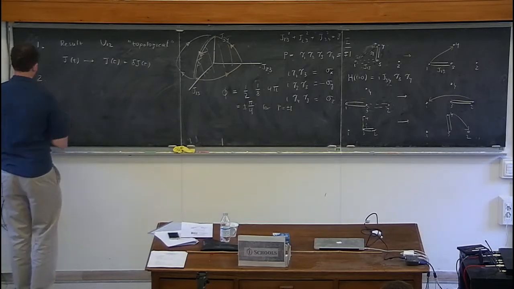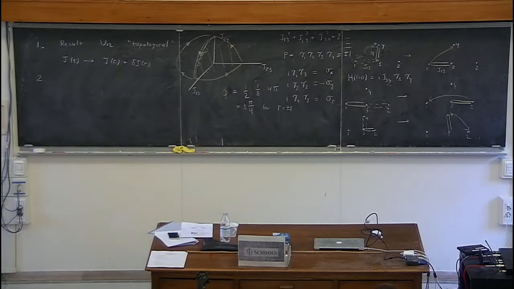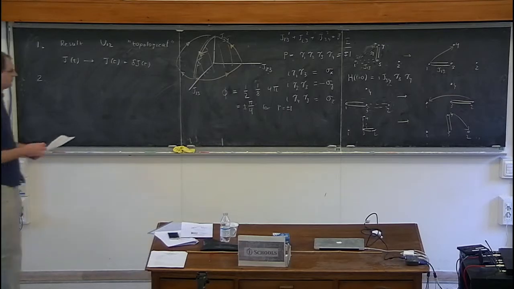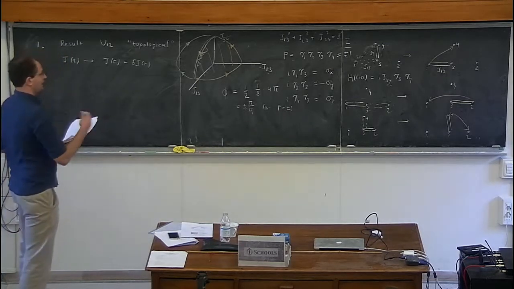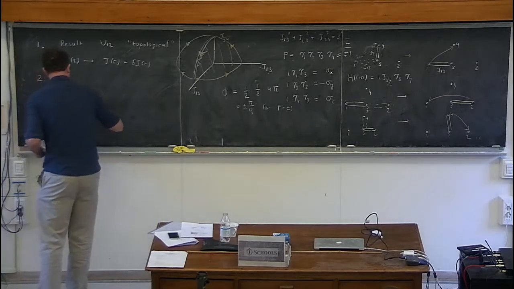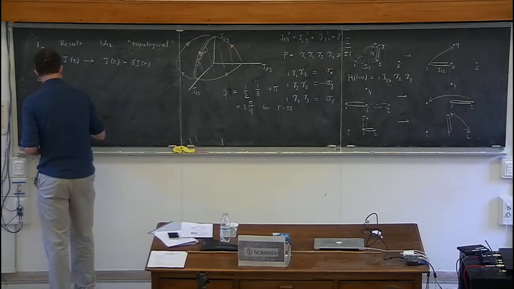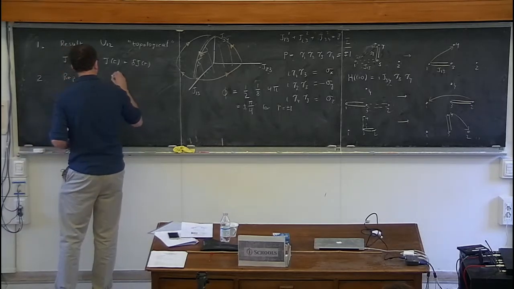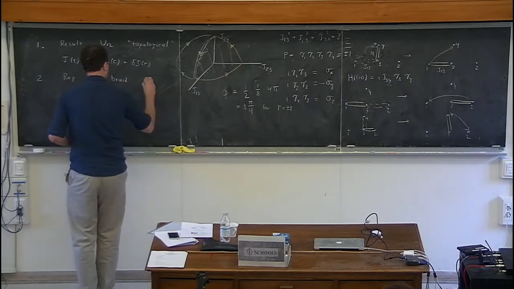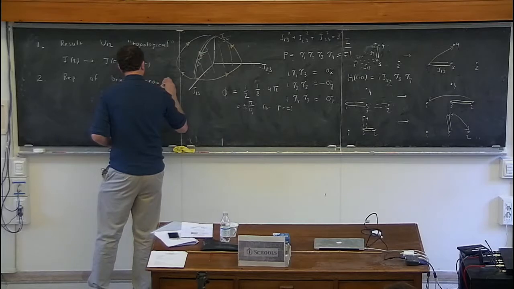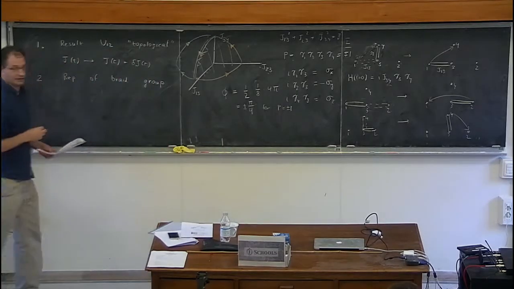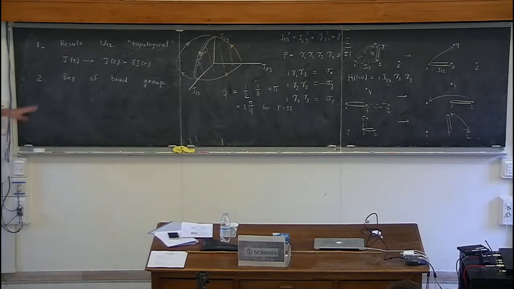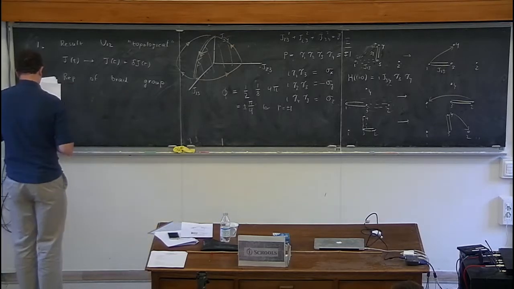Comment number 2: this is an actual representation of the braid group. So this matrix U actually forms a representation of the braid group. More precisely, one should say that it's a projective representation of the braid group. Let me explain what I mean by that.